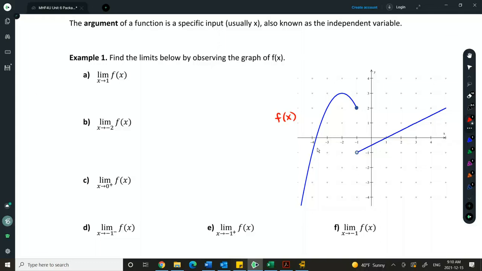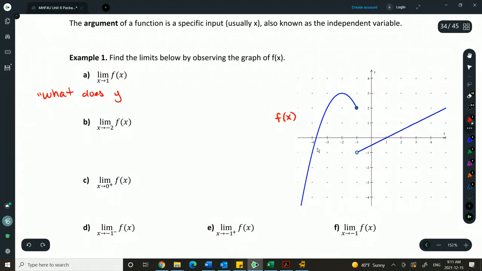So in plain English, I would be saying, what does y approach as x, the argument, approaches 1?